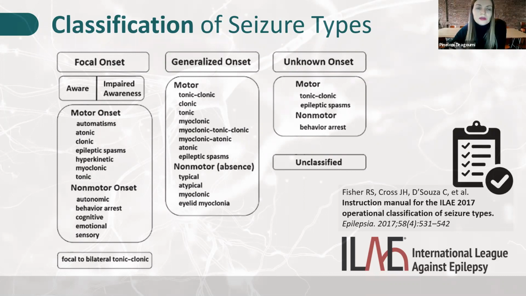And a specific seizure type that we mostly see as pediatric neurologists is epileptic spasms, which is a distinct seizure type. And we have epileptic spasms of focal origin, classified as focal onset, generalized onset, and also of unknown onset.